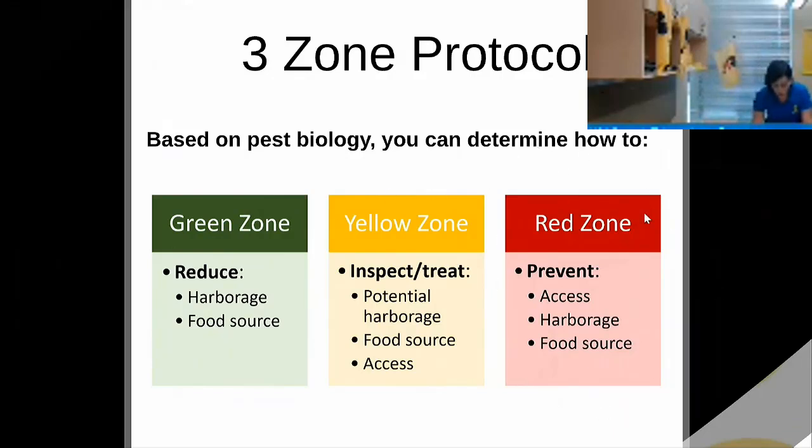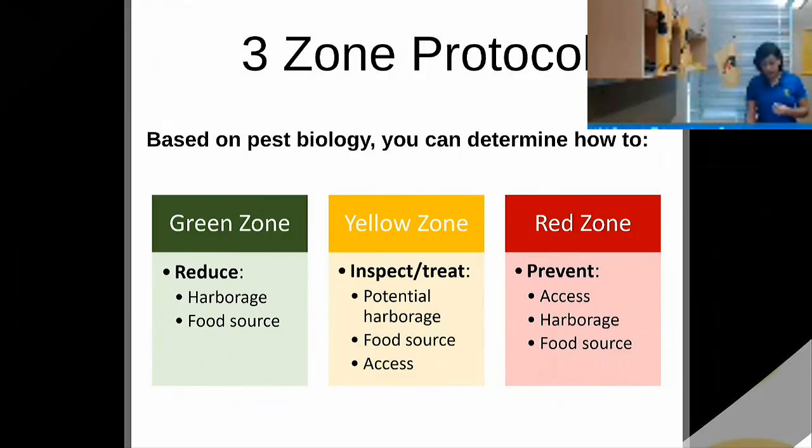Now the red zone is where we want to prevent pests from entering. What are the main sensitive areas in the red zone? Take note, it's important. Raw materials, food preparation, food production areas, and packaging areas.